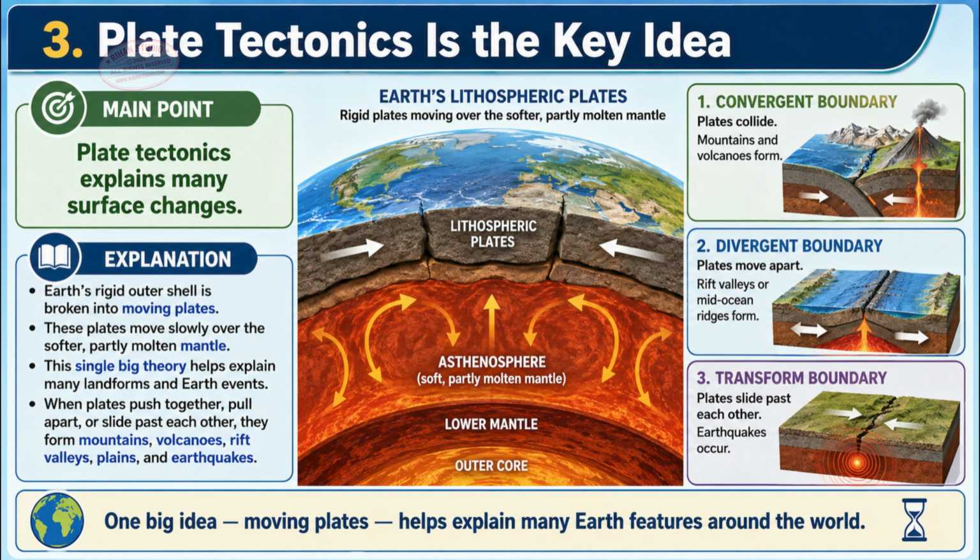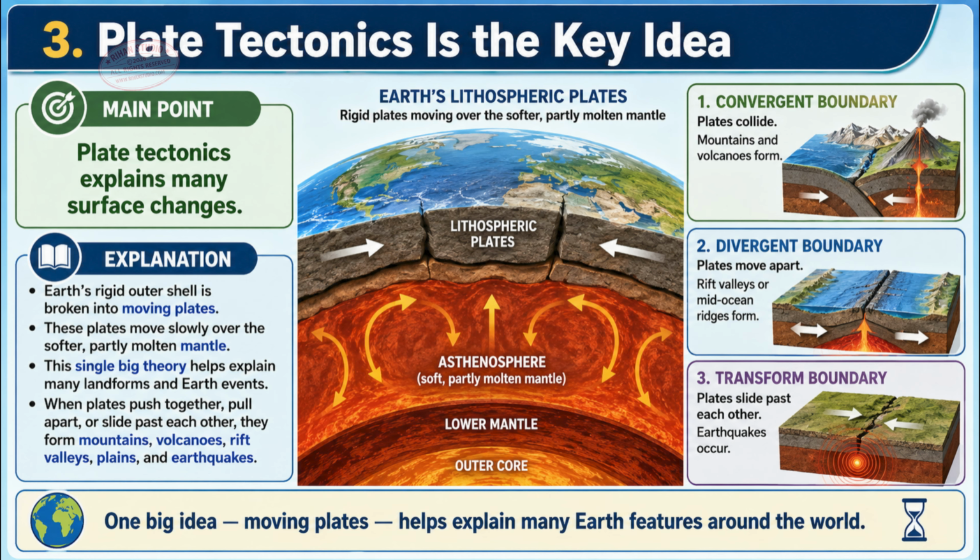Plate tectonics is the key idea. Plate tectonics explains many surface changes. It describes how large pieces of the Earth's crust move slowly over the molten mantle, giving rise to mountains, volcanoes, plains, and valleys. Plate tectonics is the single big theory that ties this whole chapter together.